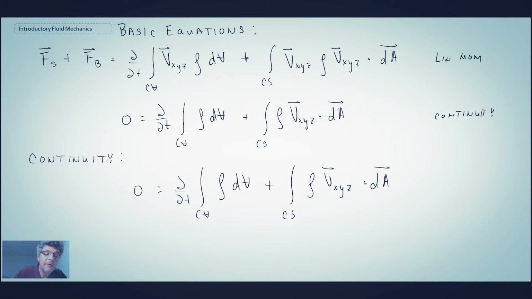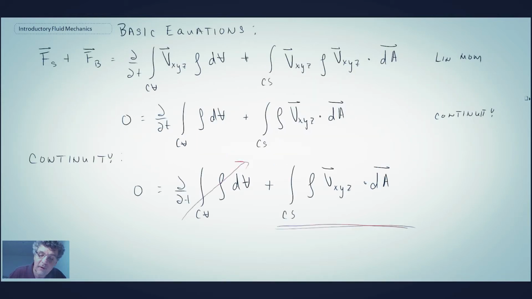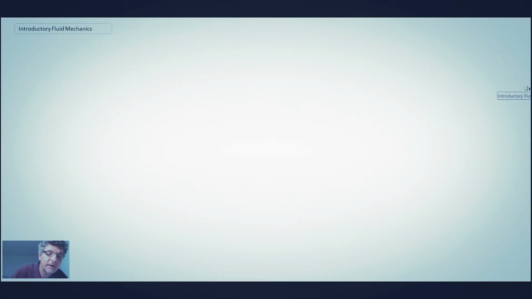To begin with, we have steady flow, so this term is gone. What we're left with is an integral across the two control surfaces. If we look back here, we have control surface 1 and control surface 2. So we apply the continuity equation across those two control surfaces, and let's expand that out.